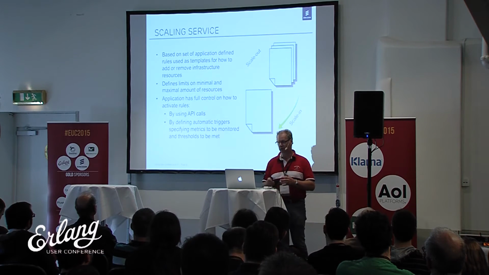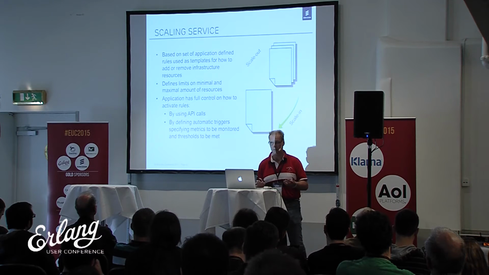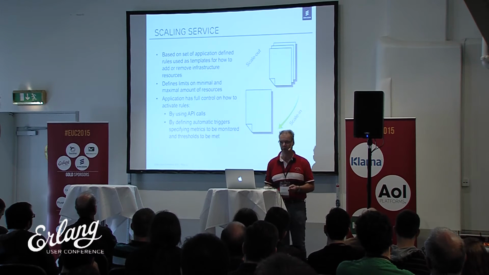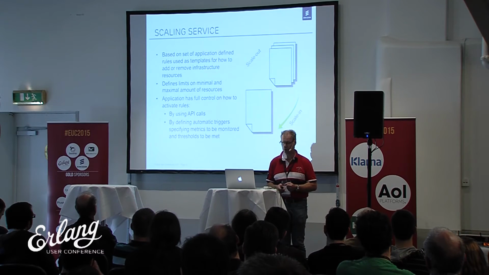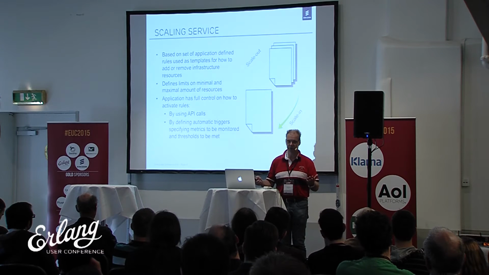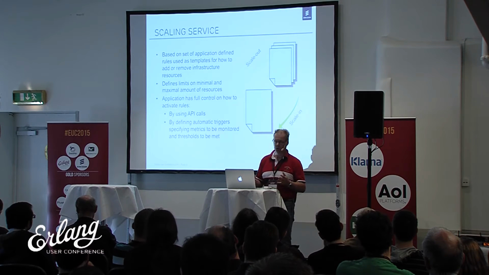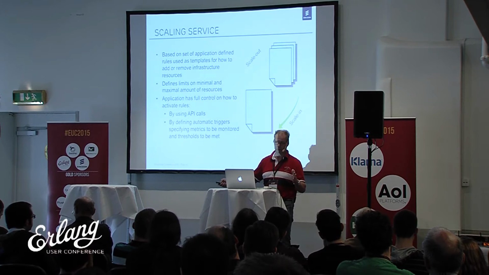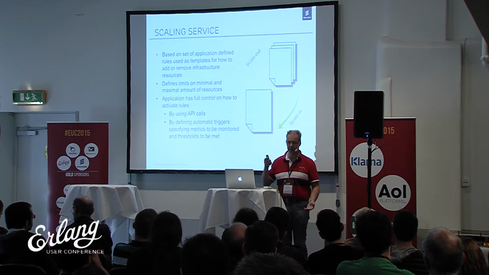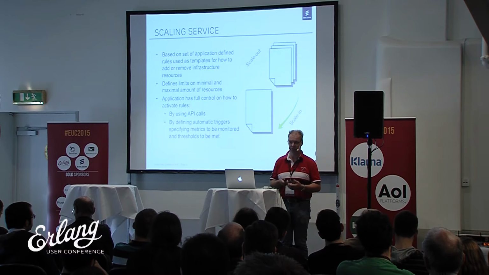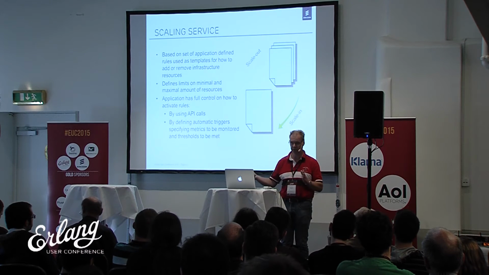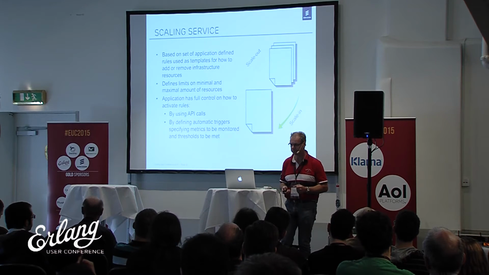Here it's based on a set of rules, and a rule is a template for how things should be done when you need to increase the number of resources for a particular application. That could be horizontally, where you create more VMs, or you can increase the amount of memory that a certain VM gets, or more network capacity and so on.